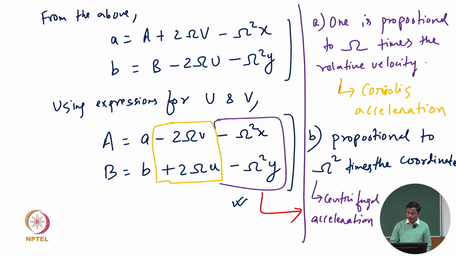So these are the two terms which arise when you transform the acceleration based on the inertial frame of reference: the Coriolis acceleration and the centrifugal acceleration. The total acceleration, that is the absolute acceleration of the particle with respect to an inertial frame, is not just the acceleration of the particle with respect to the rotating frame.